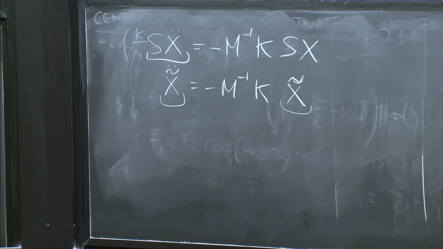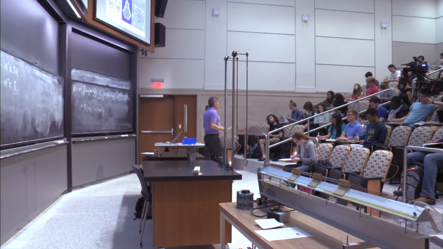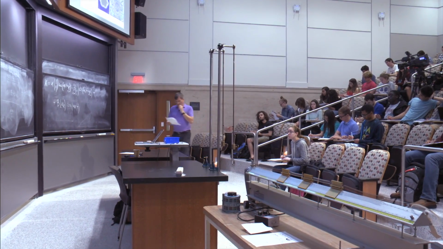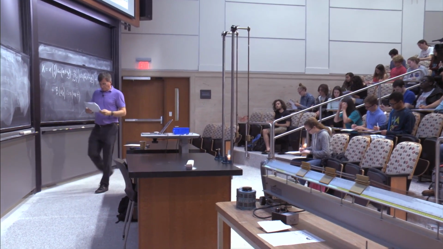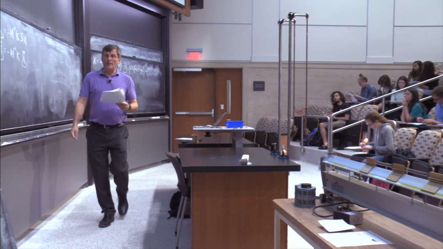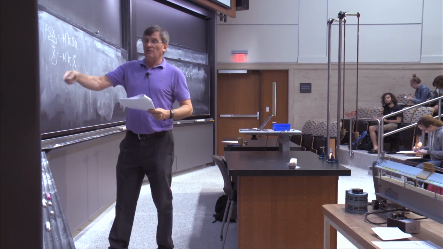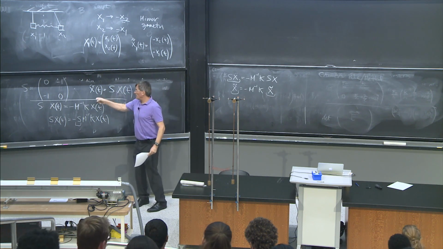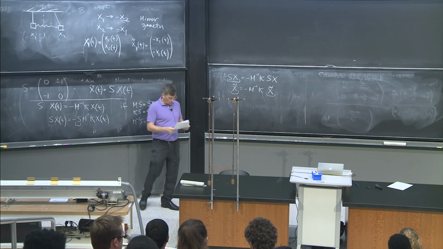So if the system is symmetric, it means that the mass and k matrices commute, and this holds true. If I have one solution, the symmetric solution is also there.